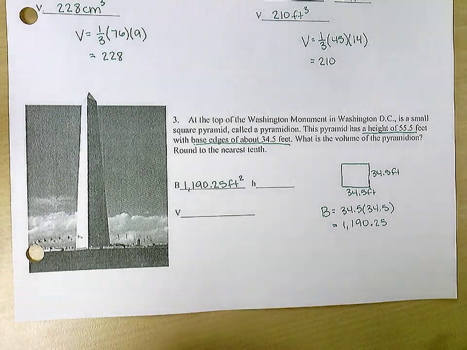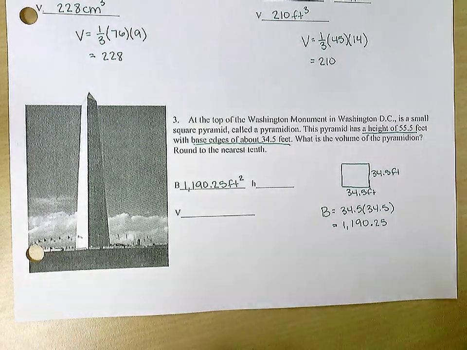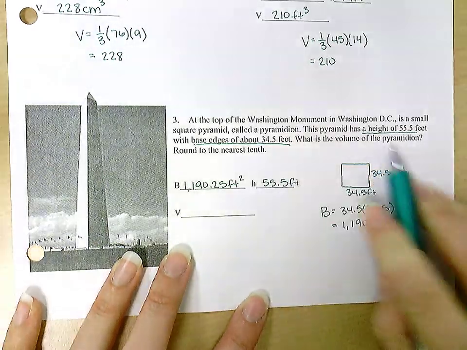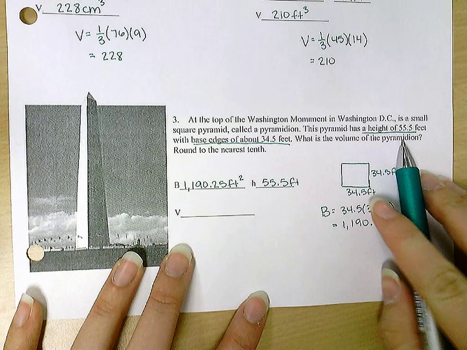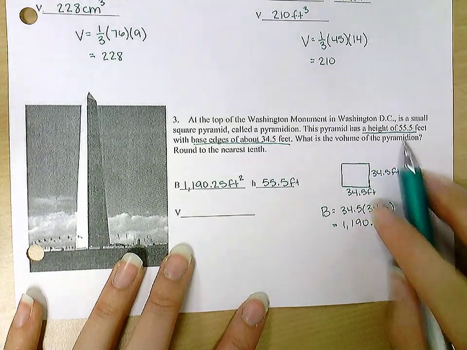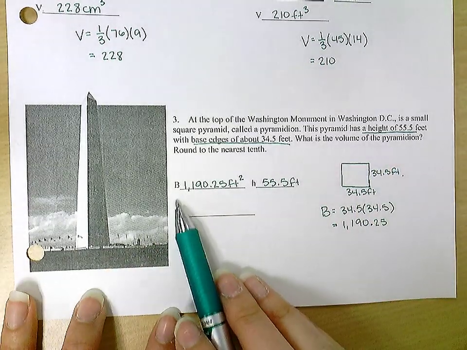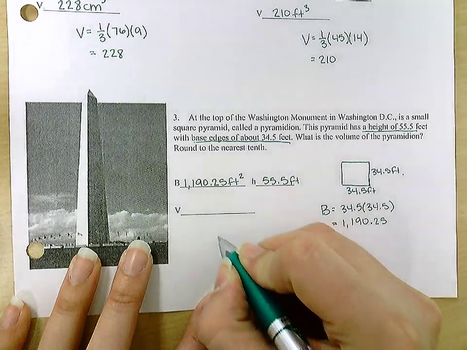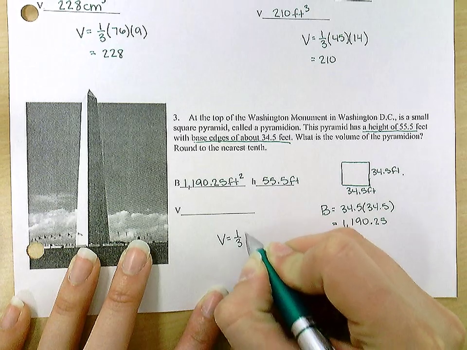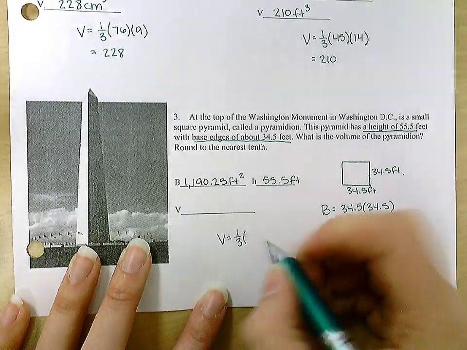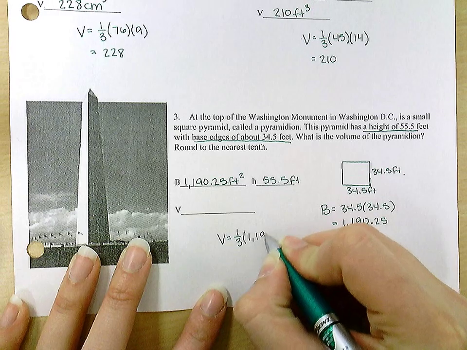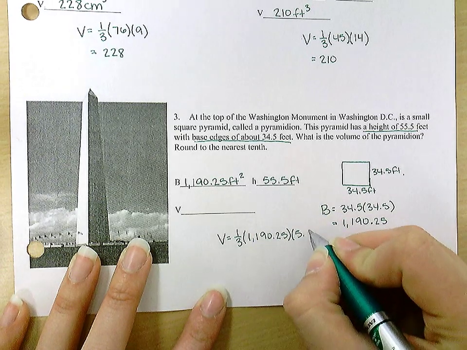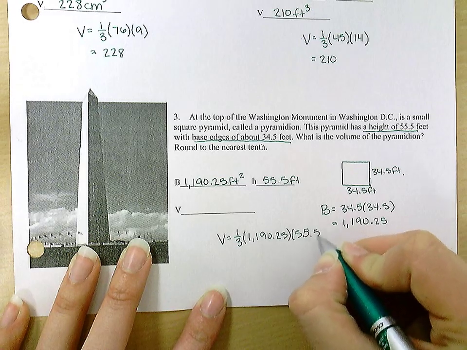Now, what's the height of this pyramid? It did give us the height already in our problem. It was 55.5 feet. Now that I have B and H, I can find the volume of this pyramid. So we'll have 1/3 times our base, or capital B value, times our height.